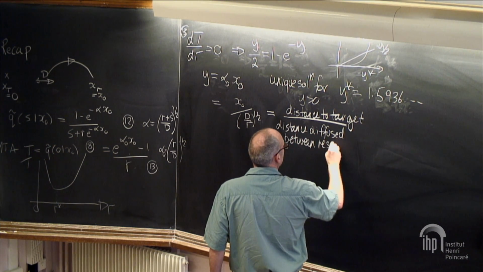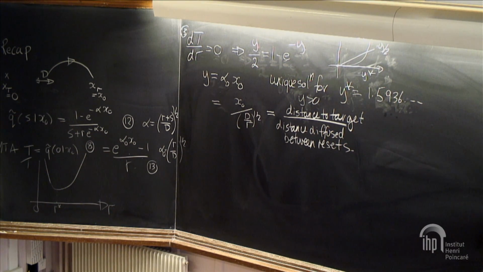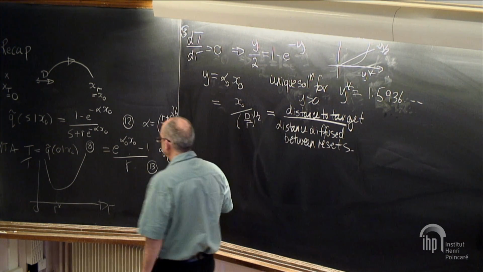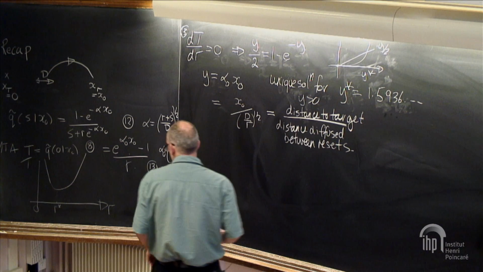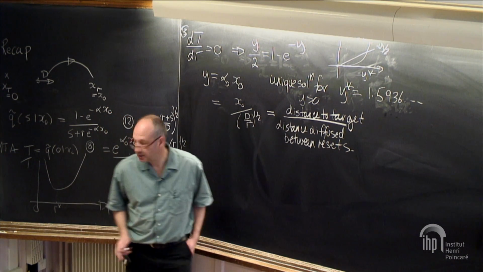And so it turns out that the optimal ratio is about 1.6, okay, which is fine. And that makes sense, because then we understand that, yeah, if the distance diffused between resets is very small, that's when we're out here, then this goes to infinity.